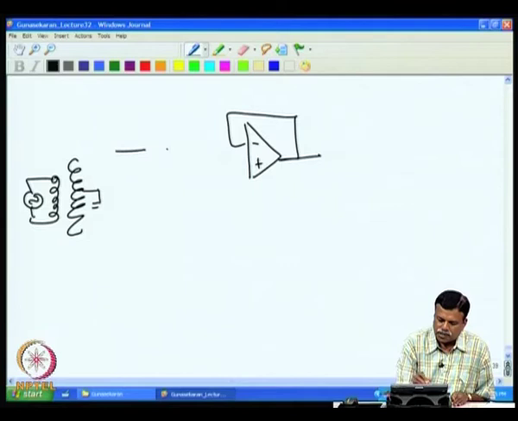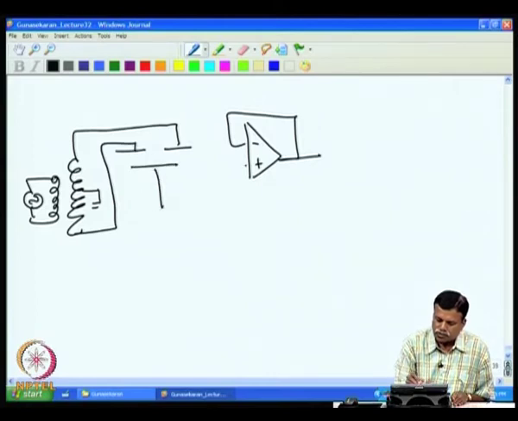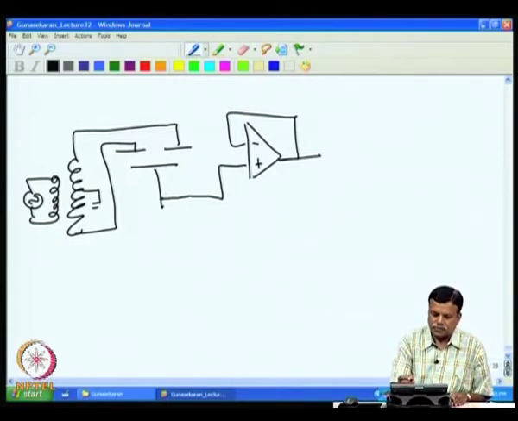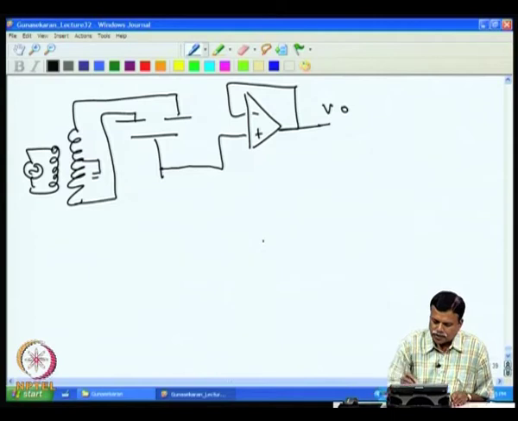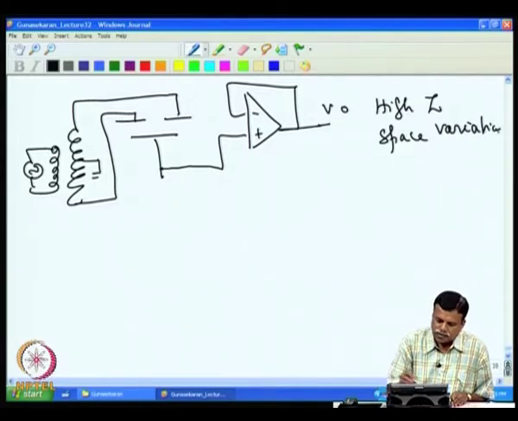For example, if it is an area variation, then we can connect the similar arrangement here and connect it to this amplifier, and then you will get the output voltage. Same thing can be done with, again, this is what we call IZ, space variation. I can do similar stuff.